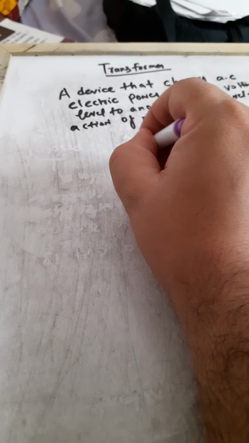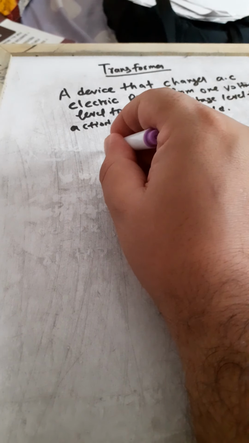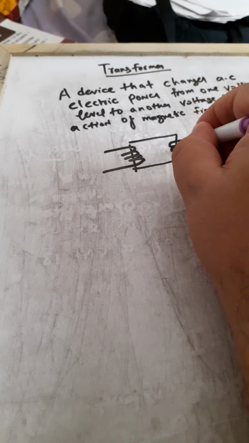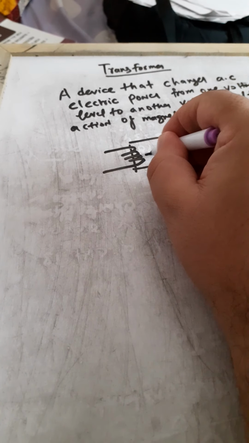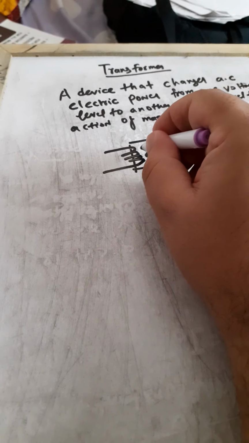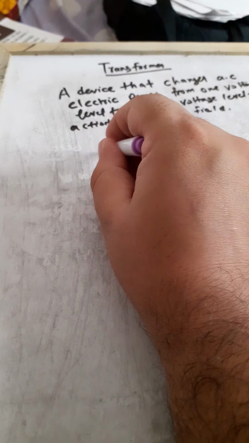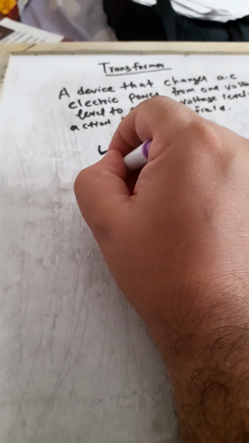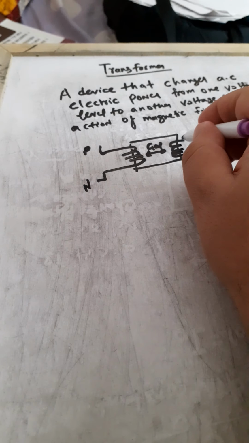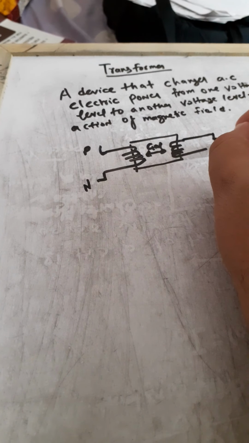So if you are seeing this is a core, it will consist of this wire wrapped around a core and this wire wrapped around a core. So between these wires there is a gap. You can see there is a gap. It is not interconnected. This is not electrically conducted. So here you are giving supply, phase and neutral, and externally you are connecting here some load.